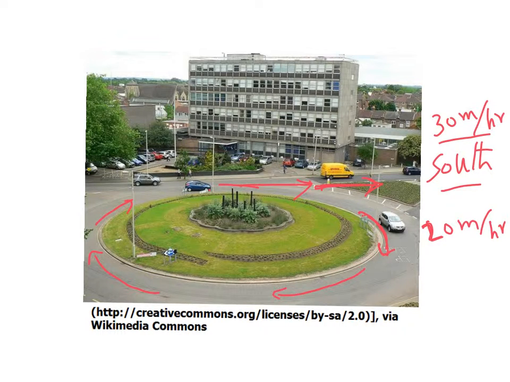As it goes around, its speed remains at 20 miles per hour. But because it goes around in a circle, every moment in time it changes direction. So its velocity keeps changing. And it's really important to understand that speed doesn't change, but velocity changes.